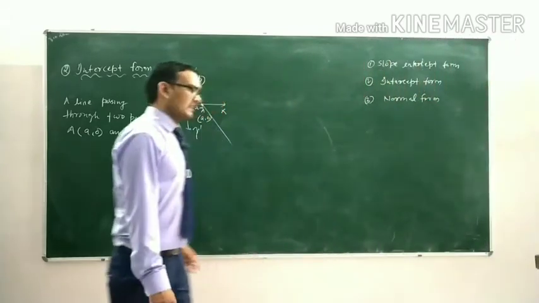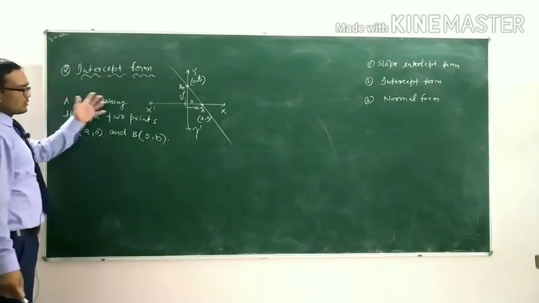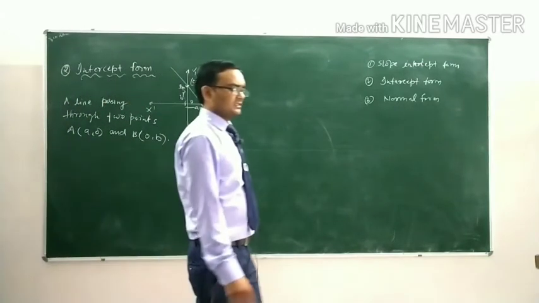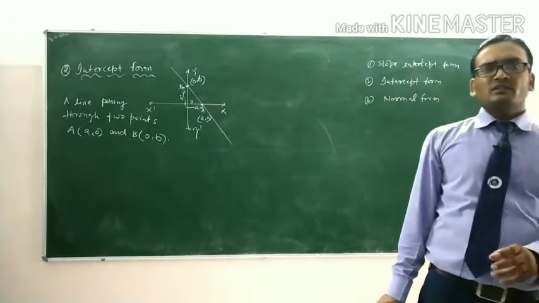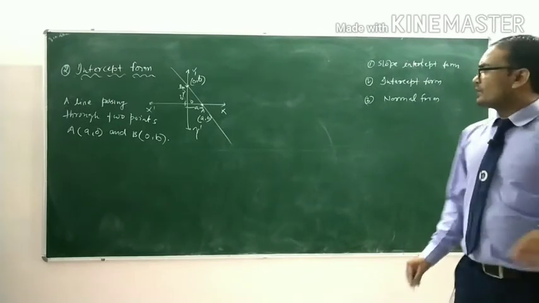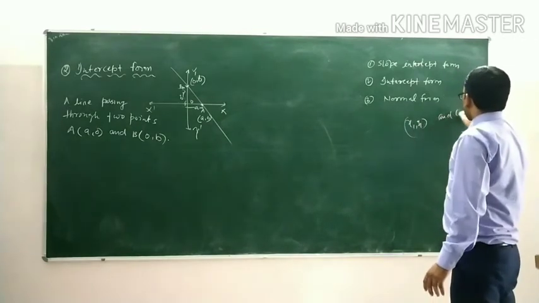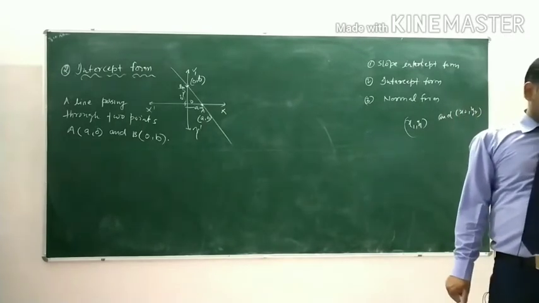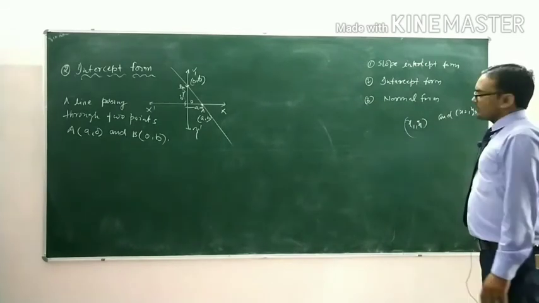Okay students, that means the line is passing through 2 points. Then we find the equation of the line. You have already studied the equation of the line passing through 2 points x1 comma y1 and x2 comma y2.